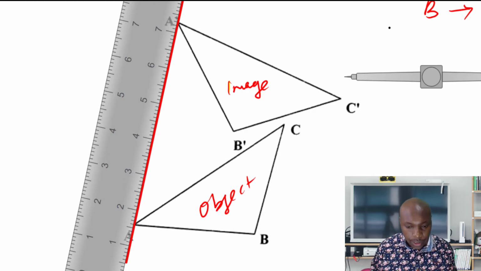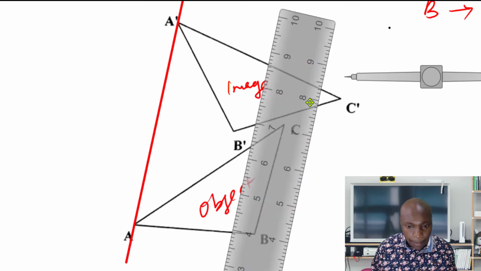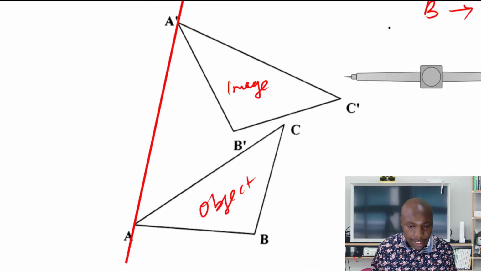Then after joining, you construct a perpendicular bisector of that line A A prime. So this is now the point that we are going to have. That is A, and then this one is A prime. So we construct a perpendicular bisector of that line.